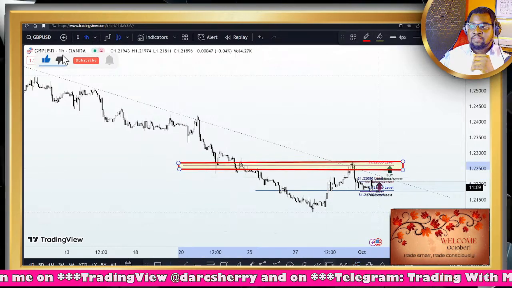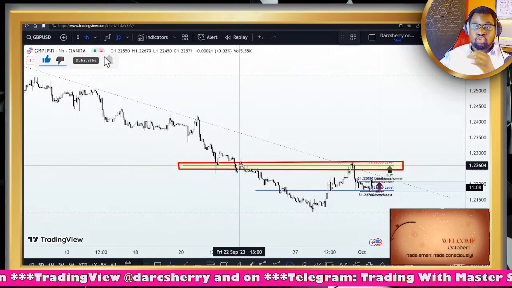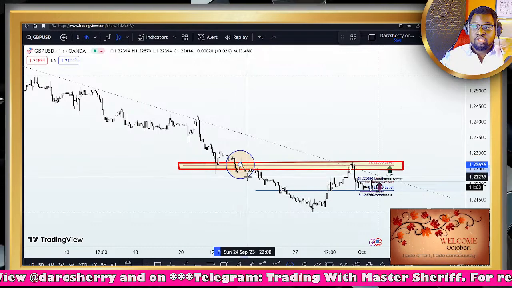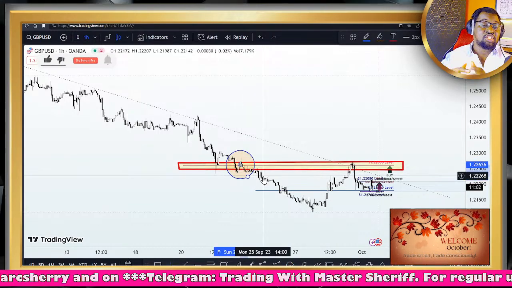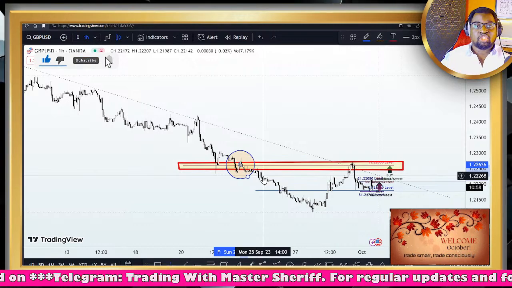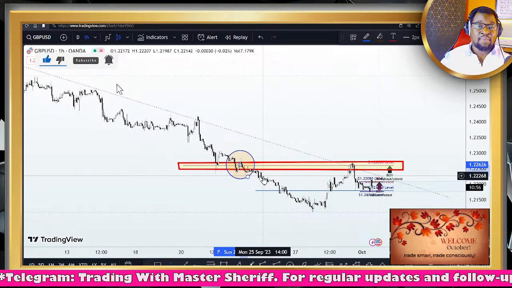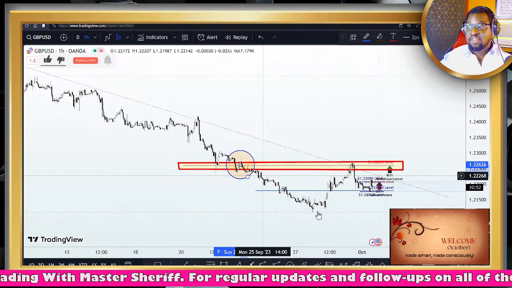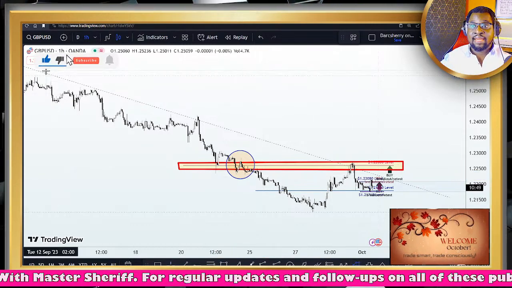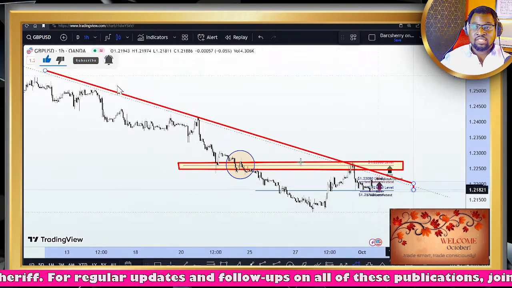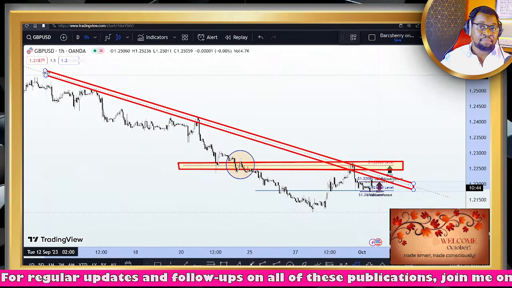And since price broke down this key level during the course of last week's trading session, we saw that price action had remained below that level, which further emphasized the strength of the sellers in this particular market. And coupled with the lower highs we have been noticing, giving us this descending trend line, it is quite clear that sellers are still in charge in this particular market.